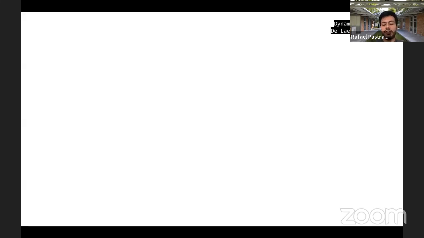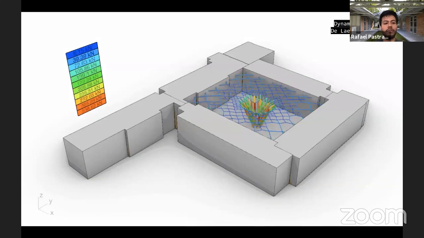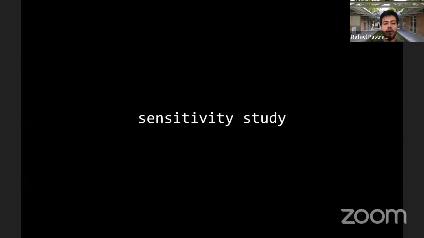And here I give you already a sneak peek into what the final solution or the form finding process was using this methodology, where you can see that using a dynamic relaxation approach, we could have colorful, visual, and interactive feedback of the design process. So without further preamble, I just jump into the sensitivity study we carried out to arrive at our final design solution.